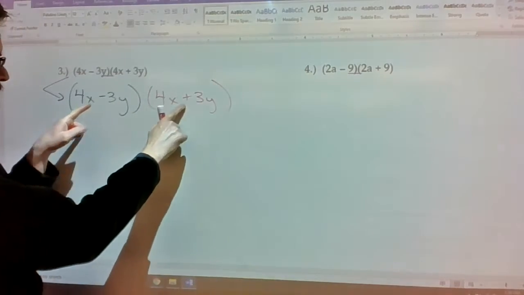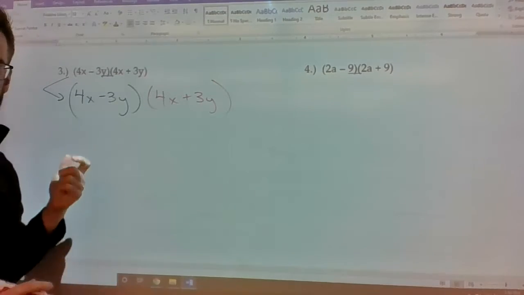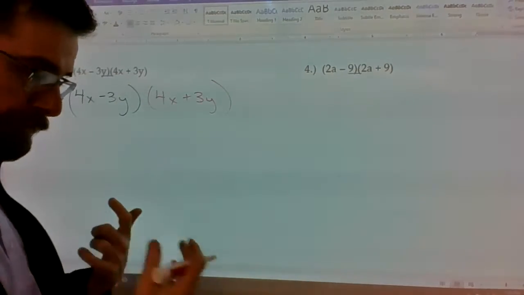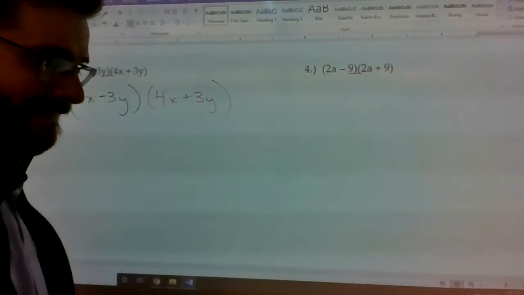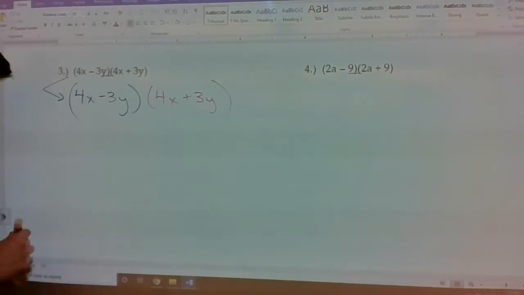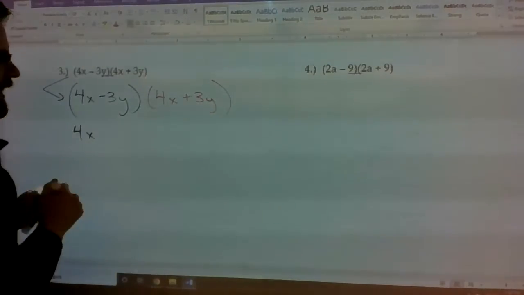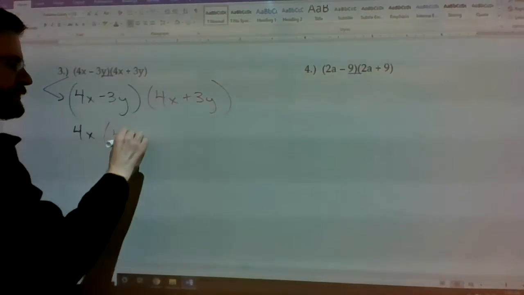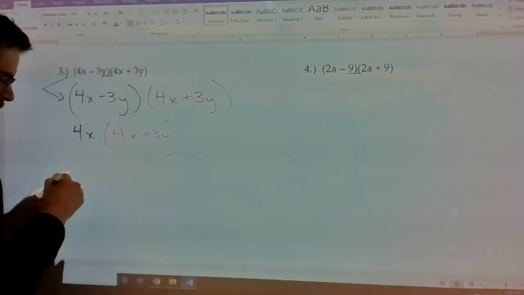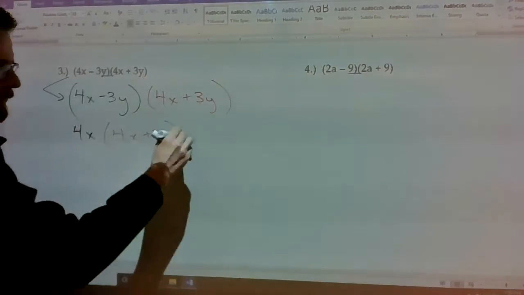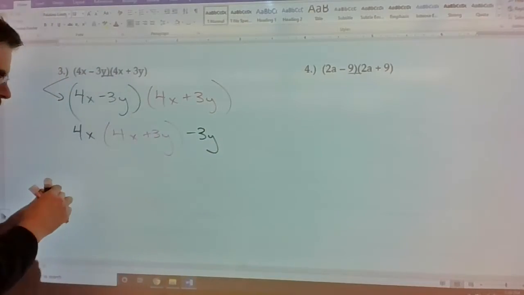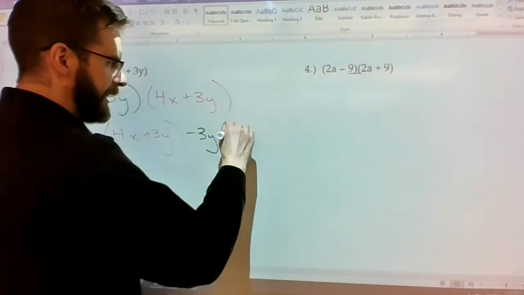Good twin, bad twin. Now, how does that change our multiplication of this? It doesn't. 4x times 4x plus 3y. Negative 3y times 4x plus 3y.